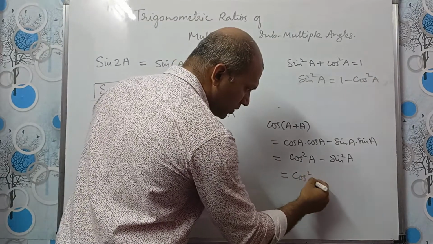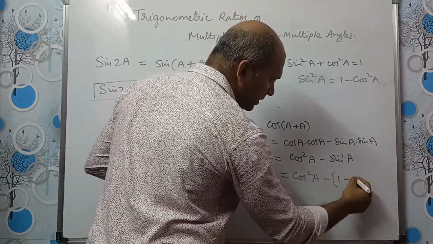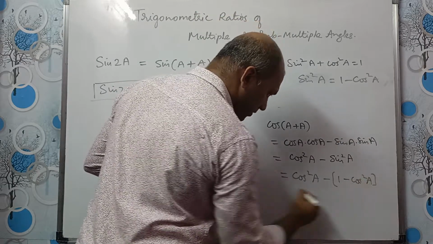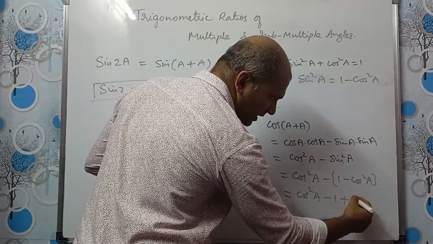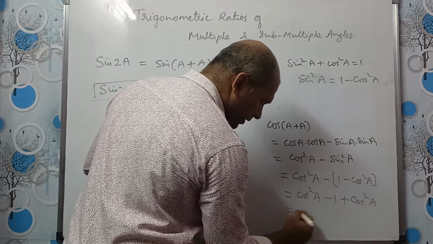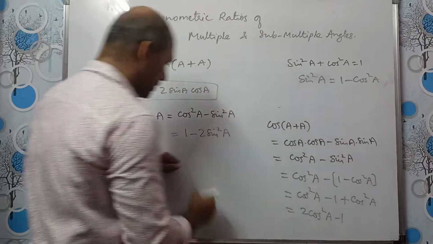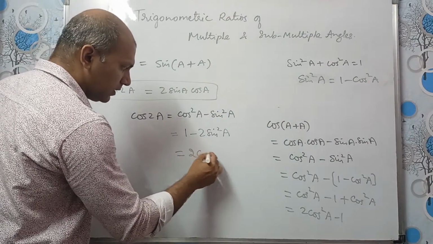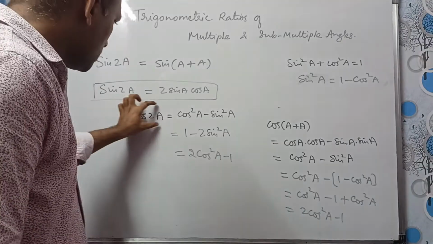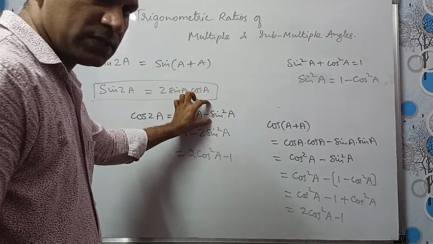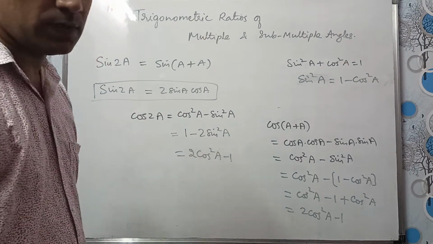So we have cos square A minus, what is sin square A? 1 minus cos square A. So this will be equal to cos square A minus 1 plus cos square A. So cos square A is how much? 2 cos square A and minus 1. So we can write this formula as 2 cos square A minus 1 also. Okay. So cos 2A is cos square A minus sin square A, or 1 minus 2 sin square A, or 2 cos square A minus 1.